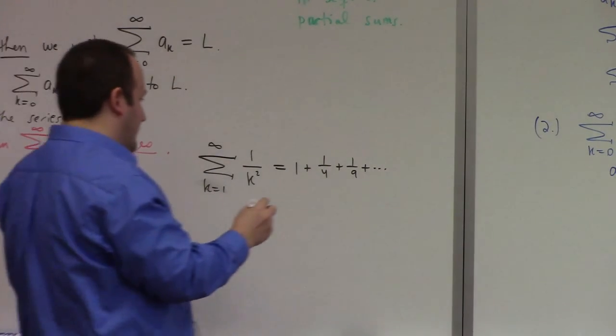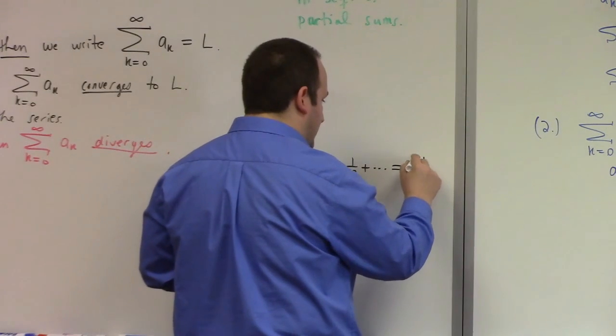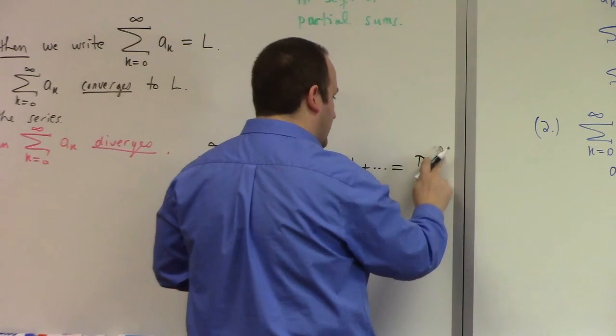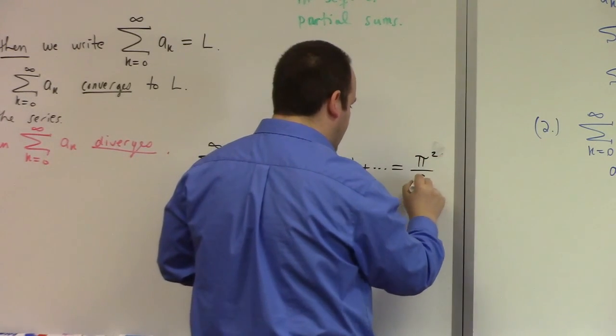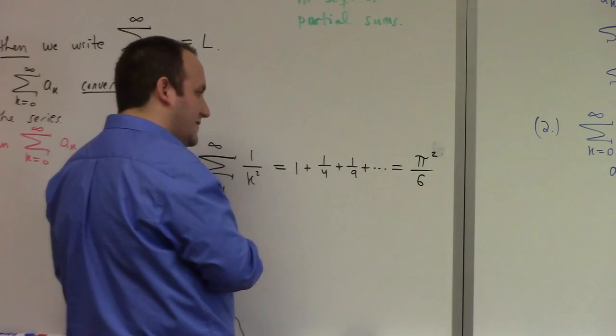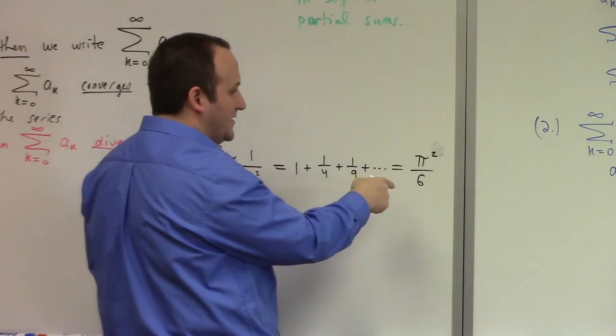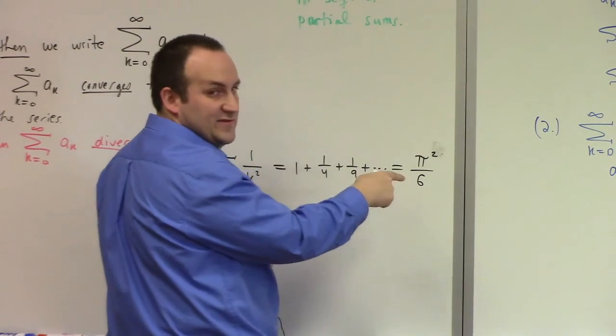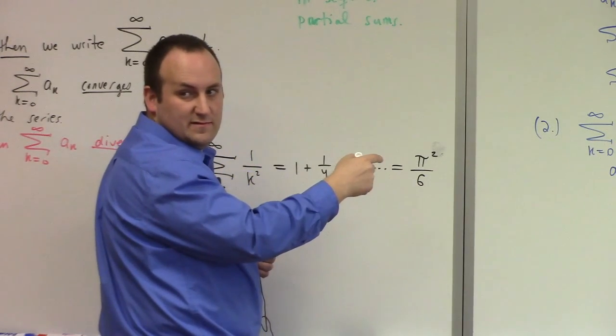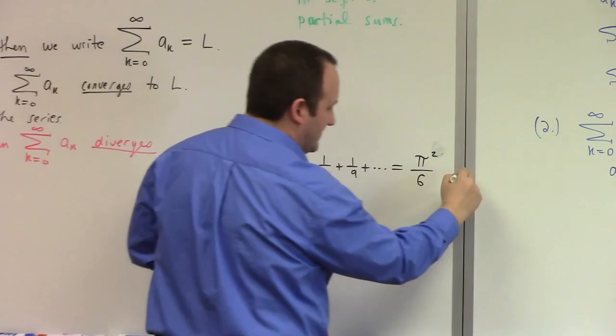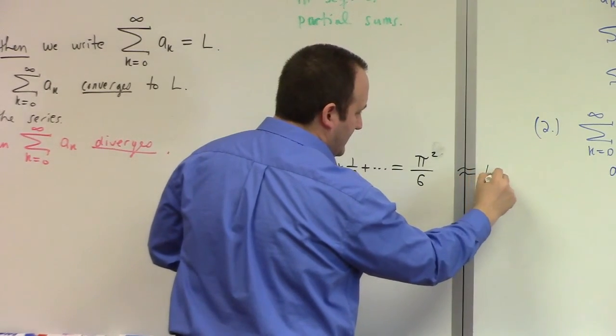It happens to be that this is equal to pi squared over 6. What's pi squared over 6? Can somebody punch in their calculator for me real quick? Like 9 over 6, what is it? 1.5-ish.